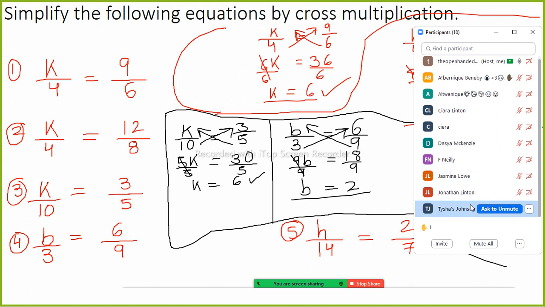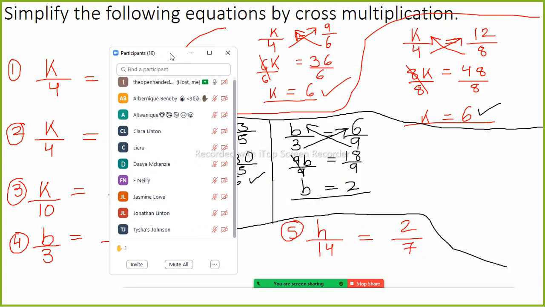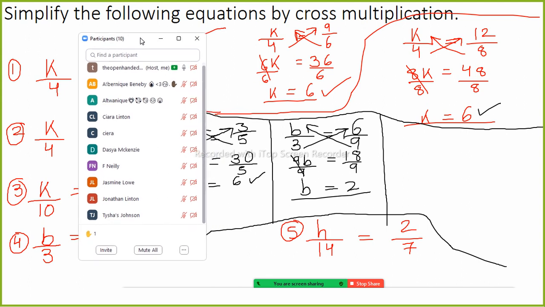Alright, so number 5. Miss Johnson, what do you get for number 5? 4. Okay, so let's see. We have h over 14 equals 2 over 7.